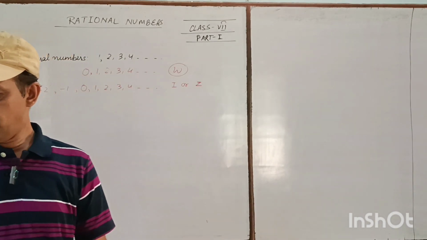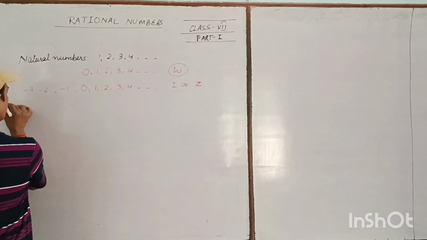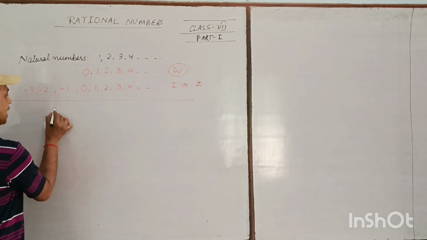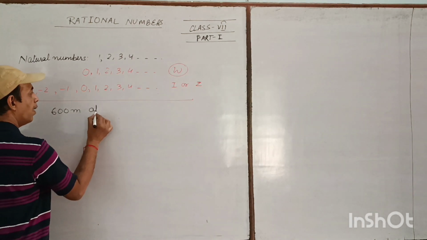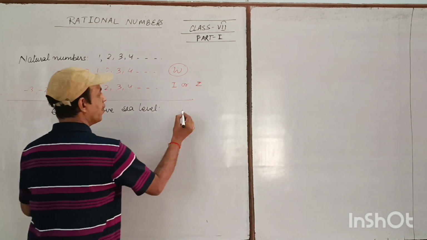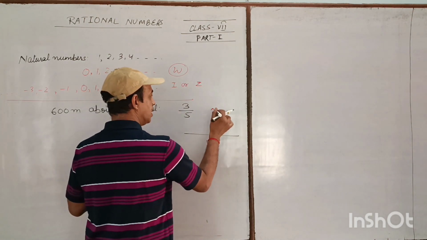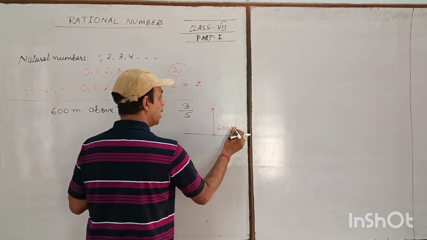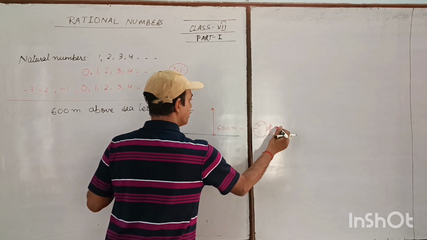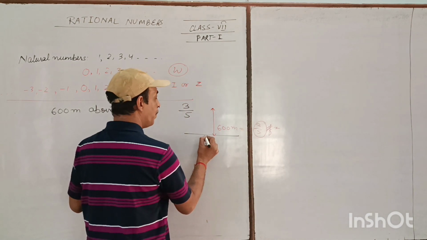Fine. For example, if you are showing 600 meter above sea level by the fraction 3/5. If this is the sea level and you have a distance of 600 meter and you are showing it by say 3/5 of some height, and you are showing below the sea level.